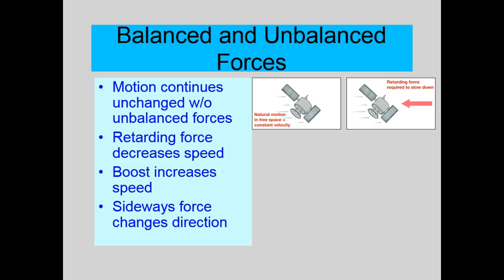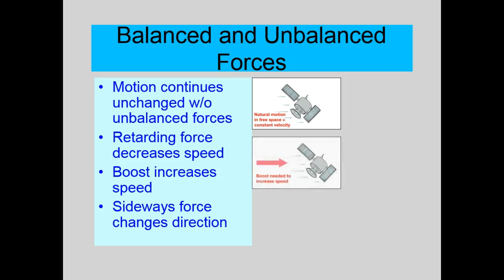It's going to go like this without any change unless something forces it to change. So an opposing force will slow it down. If, however, you boost the rocket, in other words, in the same direction it's already going, just give a little spurt of rocket, it's going to speed up, accelerate until you turn that off, and then it's going to go at the new constant speed, whatever it's increased to. So that boost is needed to increase the speed.